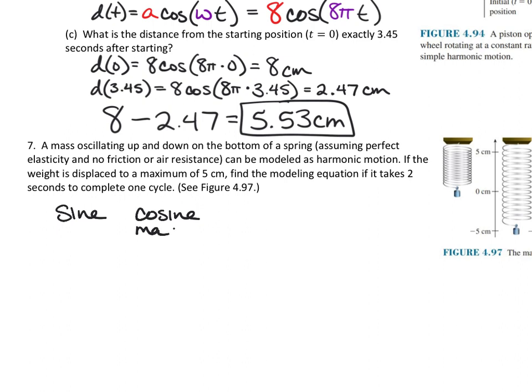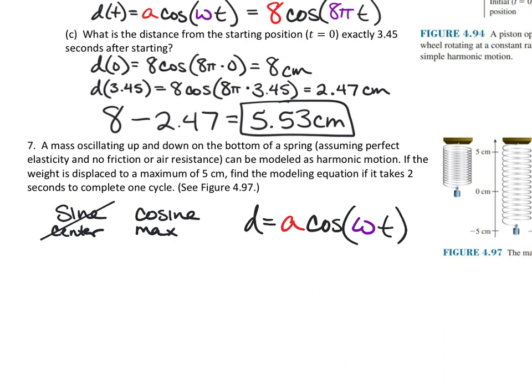So if we are starting at a maximum, we're going to use cosine. And if we're starting in the center, we're going to use sine. In this situation, it says the weight was displaced to a maximum of 5 centimeters and then we let go. Which one are we using, sine or cosine? Cosine. So we're going to fill in the cosine equation: d equals a times the cosine of omega t.